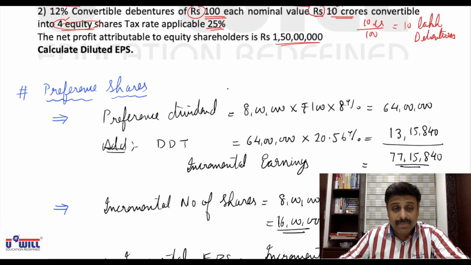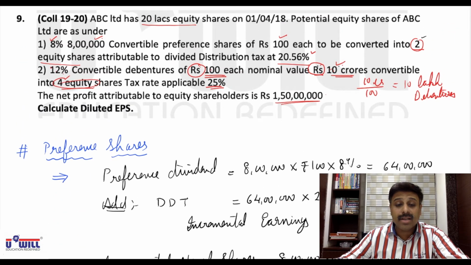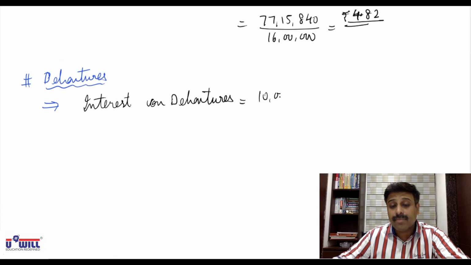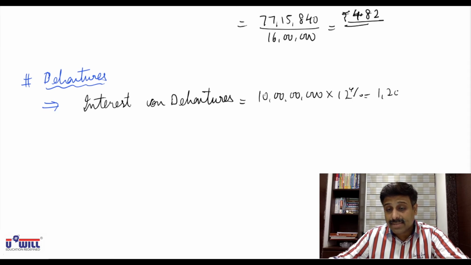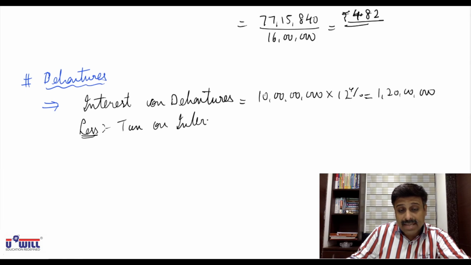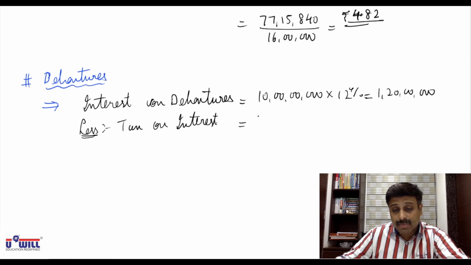Now interest on debentures would be how much? 10 crores, directly the value is given. So 10 crores into 12%. That is 1 crore 20 lakhs. And then from that we will minus tax on interest. Tax is 25%.